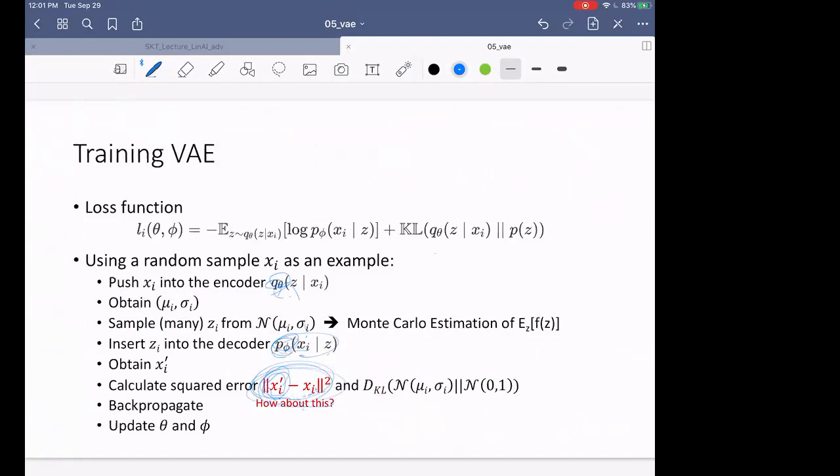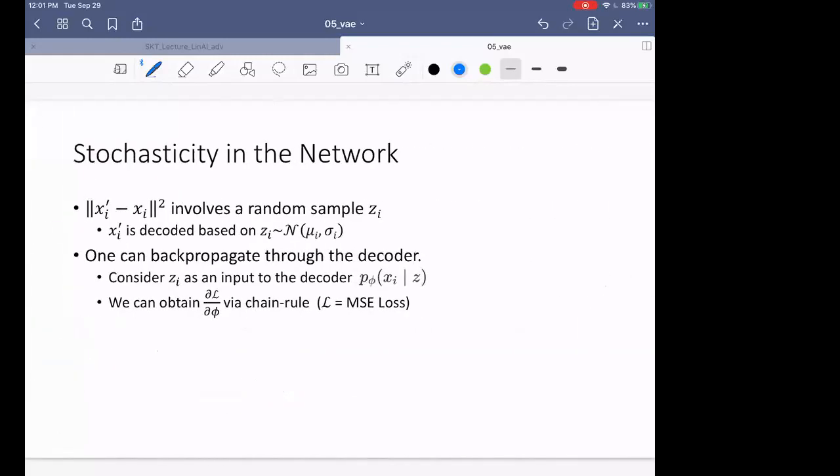So how would we go about doing that? The problem is that it involves a random sample z i, because x i prime was decoded based on the z i, which was sampled from your posterior Gaussian distribution.